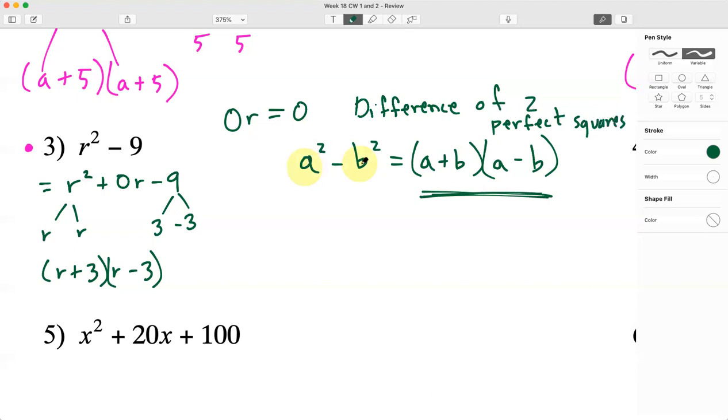A perfect square, a squared is one, b squared is another. Okay, so then if you applied that to this, you would just go, oh, well, r would go right here. So it would be r, and then the square root of 9 was 3. So it would be r plus 3, r minus 3. That's just another way to do it. That is factoring review.